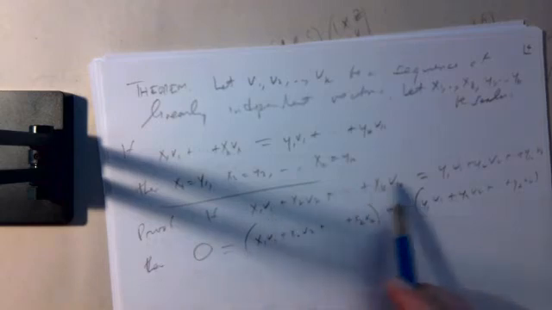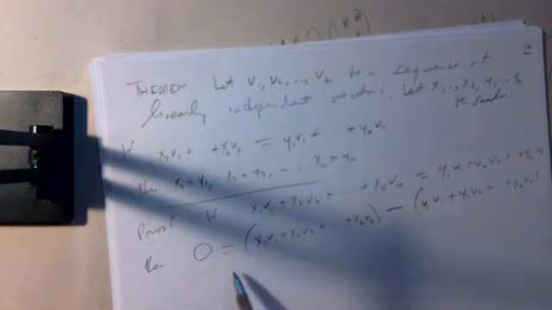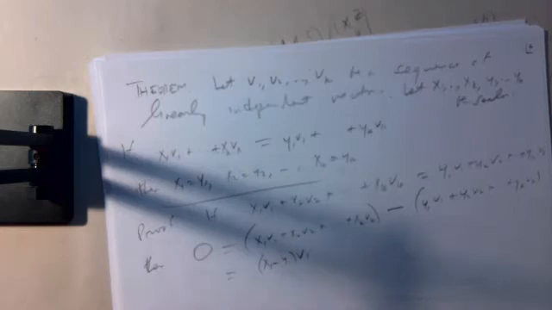Right? If these two things are equal, their difference is 0. But I can write this as a linear combination. This is just x1 minus y1 times v1. Right?